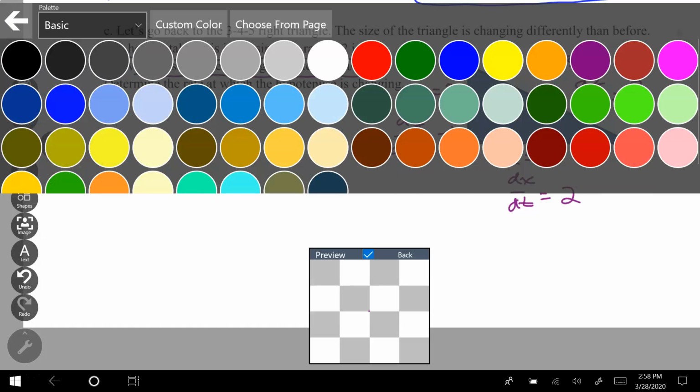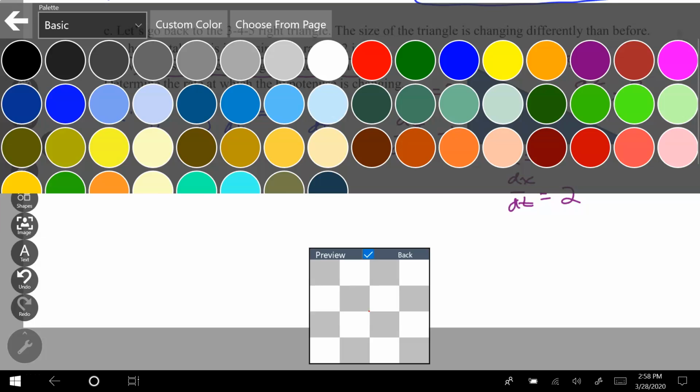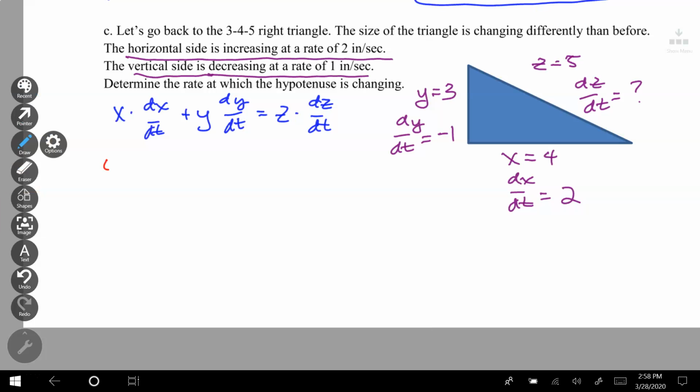If I go back to my x times dx over dt plus y dy over dt is equal to z times dz over dt, and I fill in with what I know, I get 4 times 2 plus 3 times -1 is equal to 5 dz over dt, or 8 plus -3 is going to be 5 is equal to 5 dz over dt.